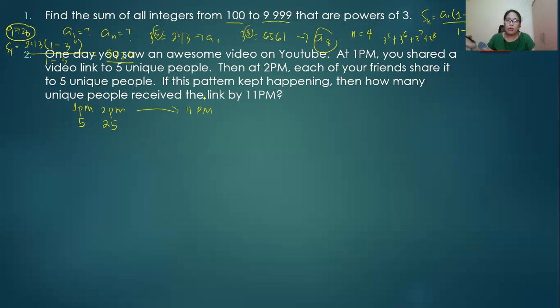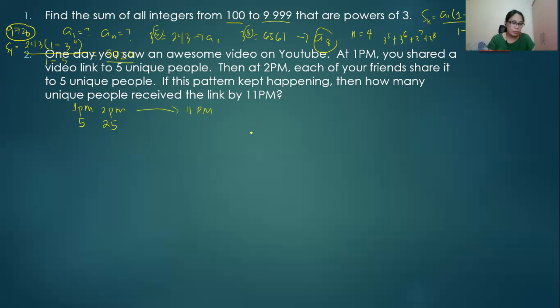We have to consider also those people who received the link prior to 11 p.m. So this is about working on the sum of all the people who received the link, like identifying the value of n here.